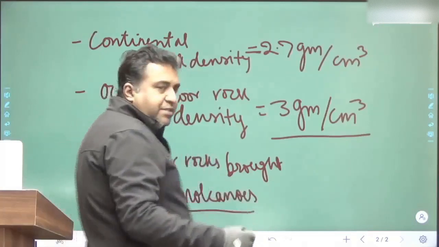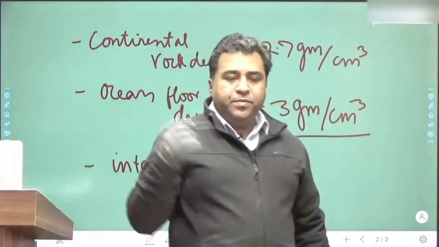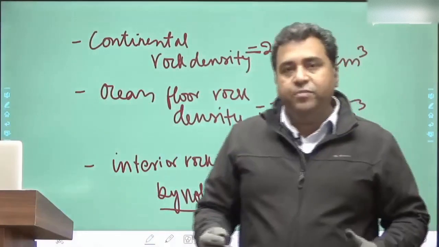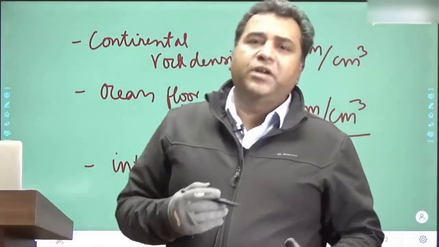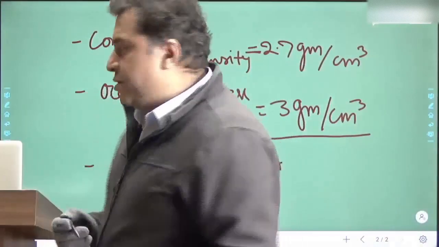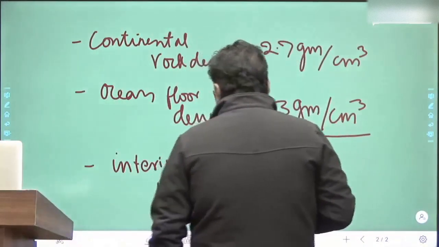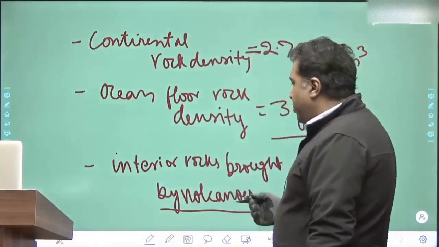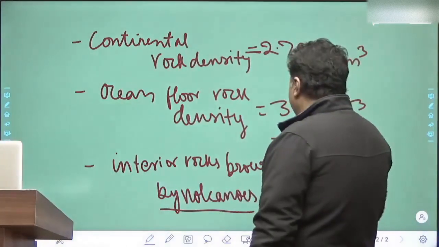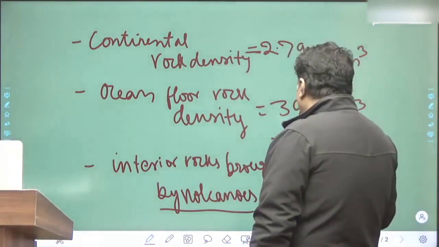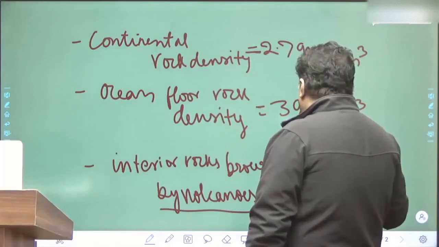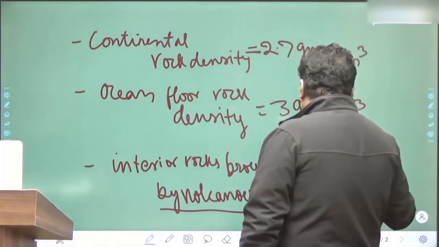Not very much inside. Volcanoes, I hope you remember, we have written volcanoes bring the rocks only from the depth of not more than 400 kilometers. So some interior rocks, as you go below the ocean floor, they have a density of around 3.3 grams, which are brought by volcanoes, etc.